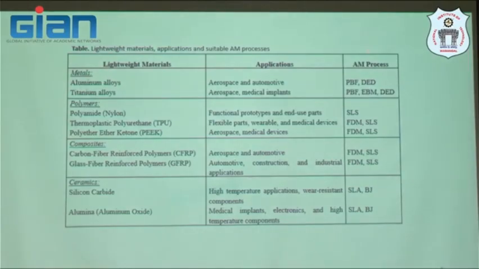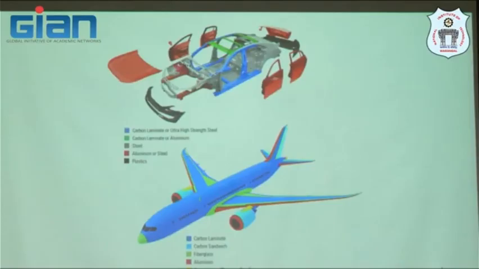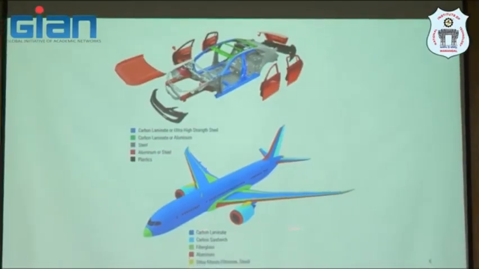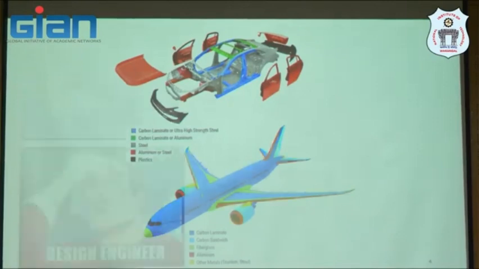And these are some of the AM processes that we can use. And in automobile, this is the material we are using, and this is the structure. You can see so much of the material is carbon laminate, means composite, which we are using on the outer body and all those things.